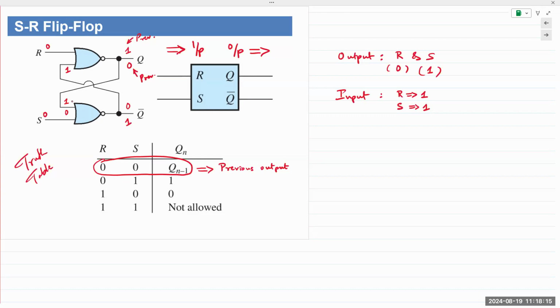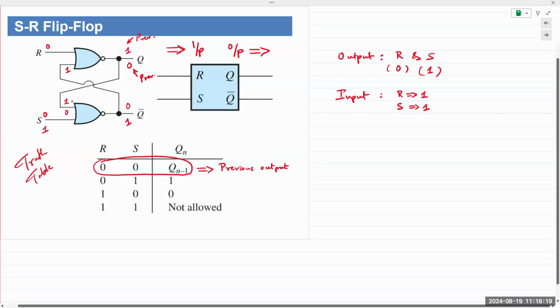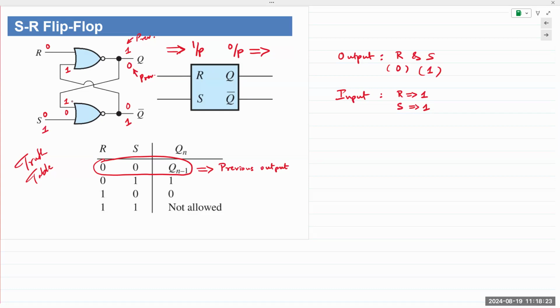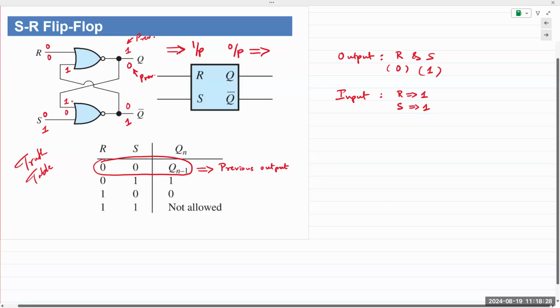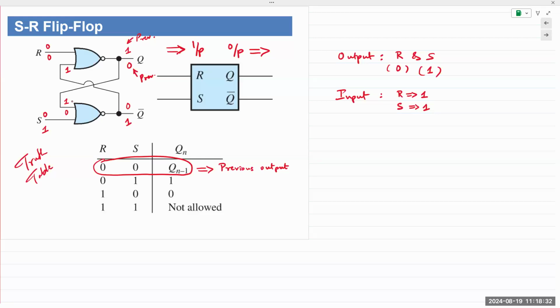Now, when set goes to 1, meaning if set goes to 1 and R is 0, then this input right here... The same diagram is going to complicate, so I'm going to wipe this out.